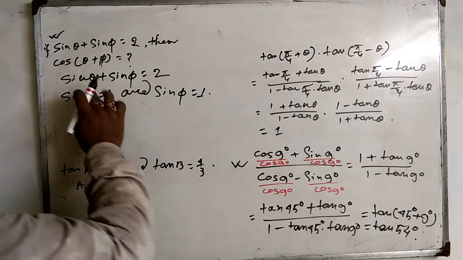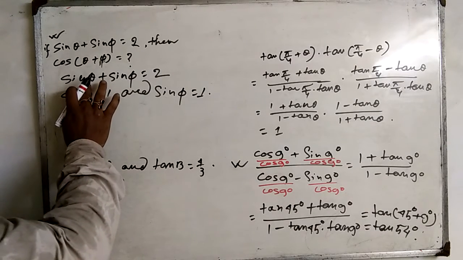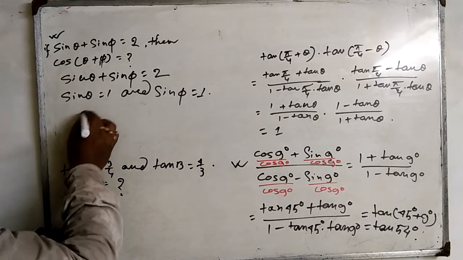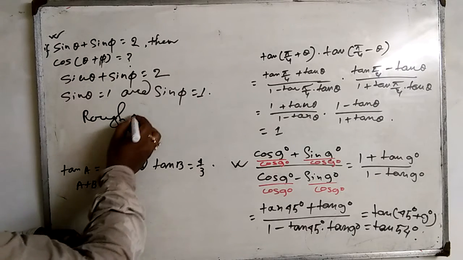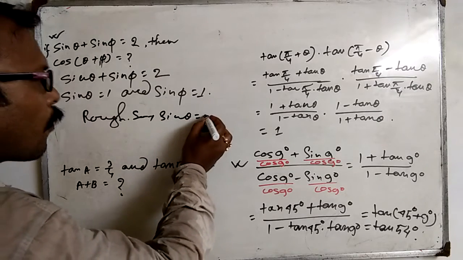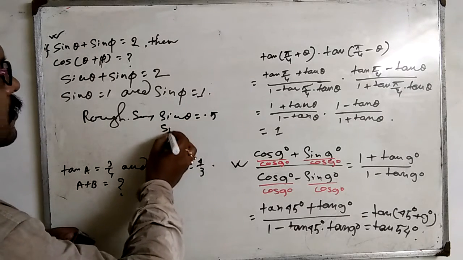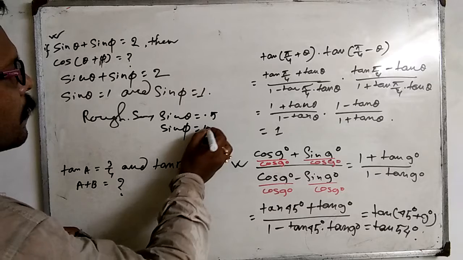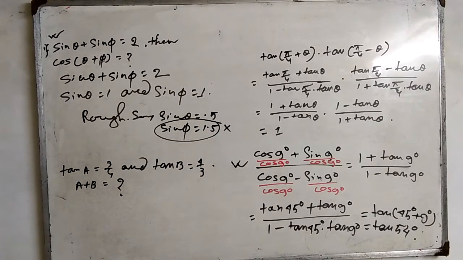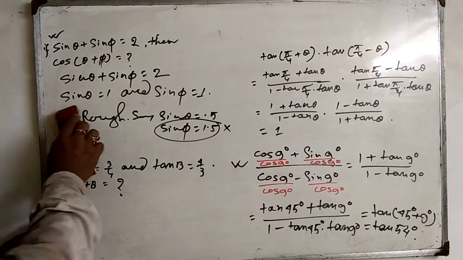Suppose the value of sin theta is 0.5; then sin phi will be 1.5, which is not possible. So the value of both sin theta and sin phi is 1.